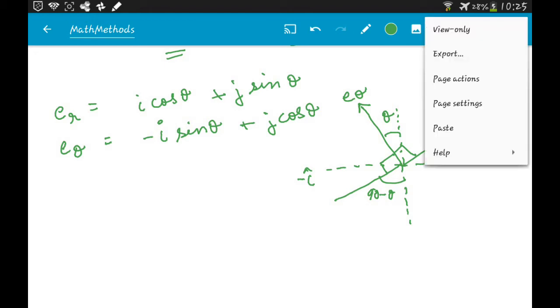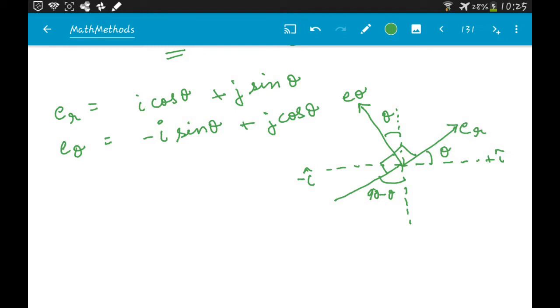So if we want, this side here is going to be what? We are trying to write for ER.